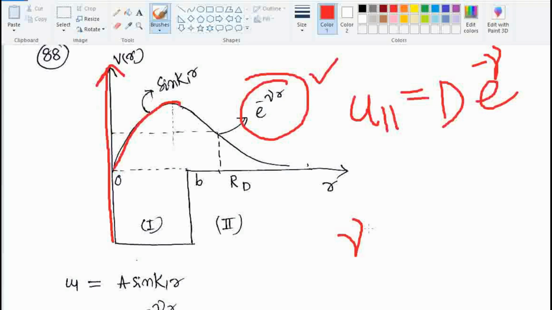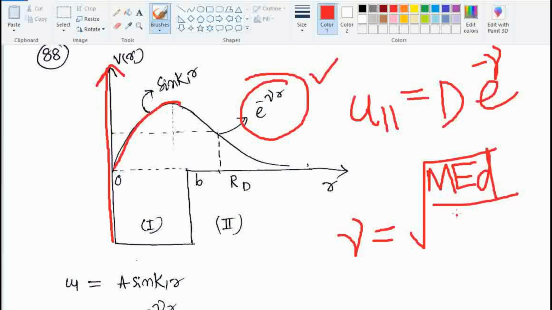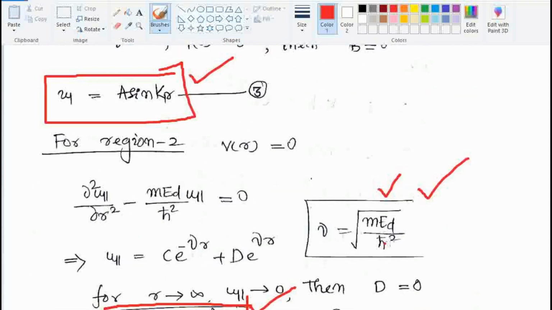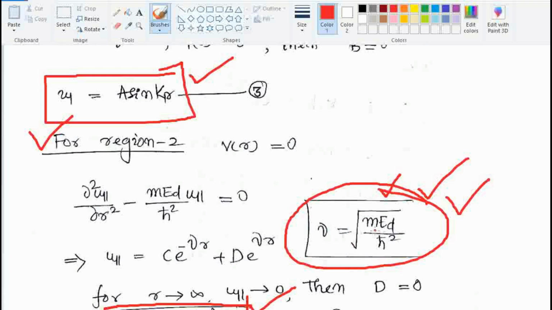We know that gamma equals root over of capital M, energy of a neutron, divided by s square, and if you take this s cut out, then you will get only s cut in the denominator. If you are not recognizing it, you see this: while solving the second region wave function, we got the value of gamma as root over of m ed by s square.